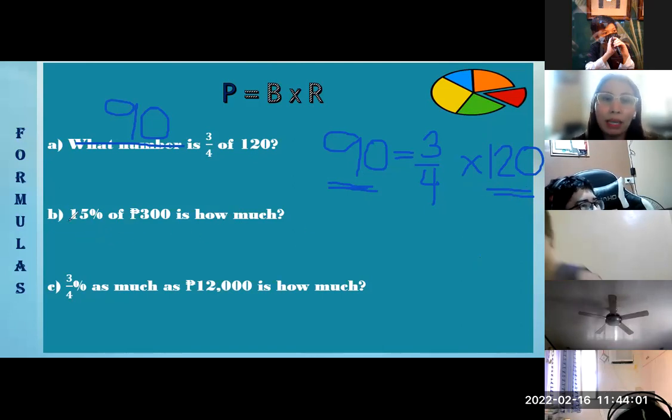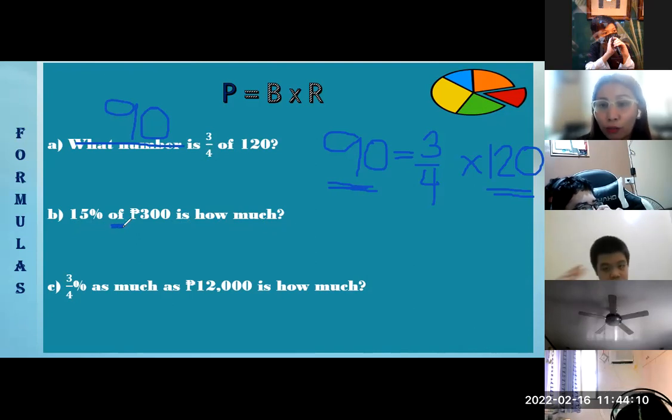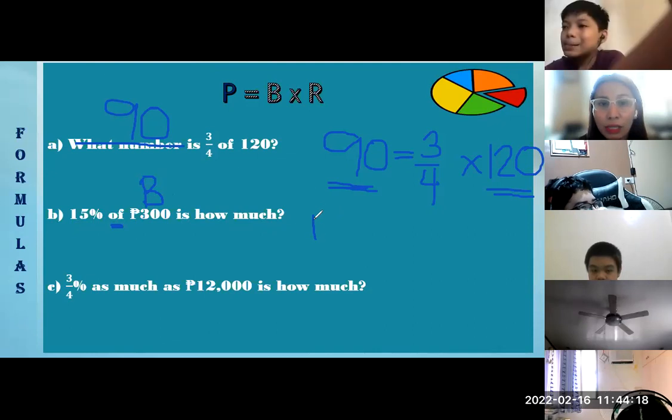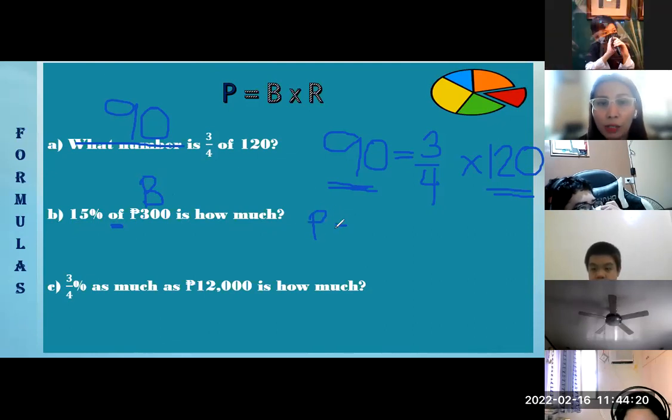Next, 15% of 300 is how much? 15% of. So, ito na yung of. Ang clue natin. So, therefore, base na yung ating 300. So, using the formula, P is equals to base, we have 300. Multiply it by 15%, which is 0.15 in decimal.